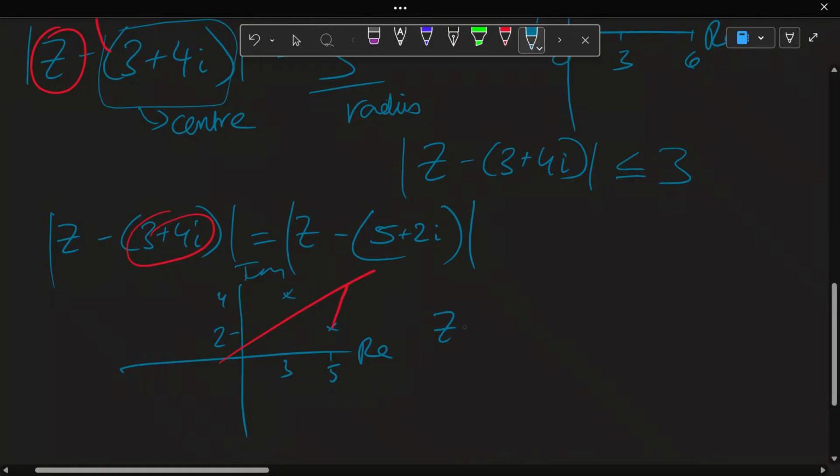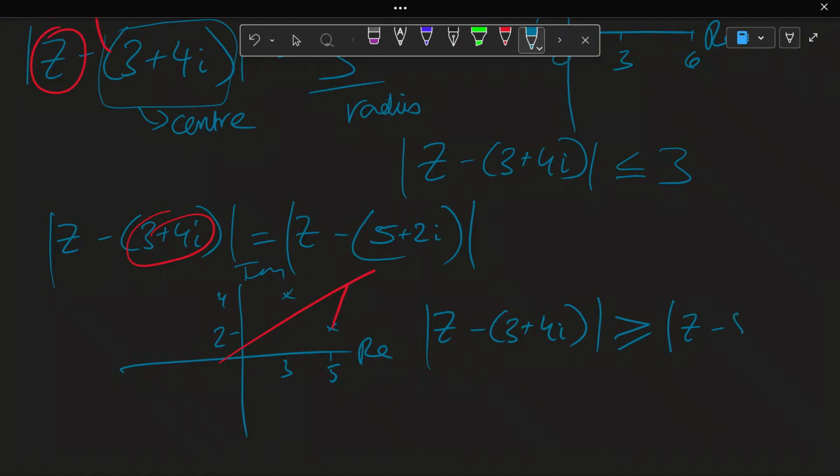Likewise, if we changed the equality, this would change the position of our complex number, because it would then be closer to this side. There would be this bit that's shaded. This seems a bit counterintuitive because it says that |z - (3 + 4i)| is greater than this. But actually, if we have a complex number here in this range, the modulus, the distance from 3 plus 4i, is going to be greater than it is from 5 plus 2i, which is why this works.